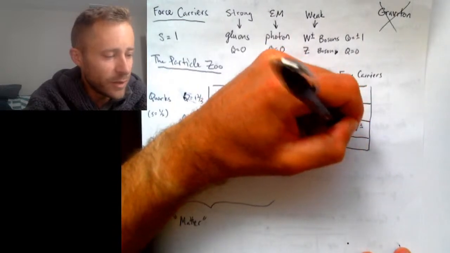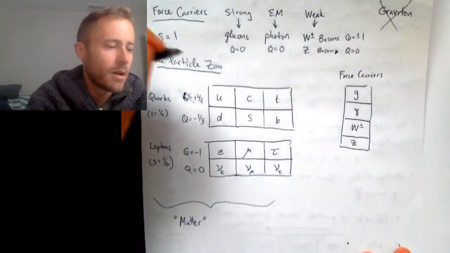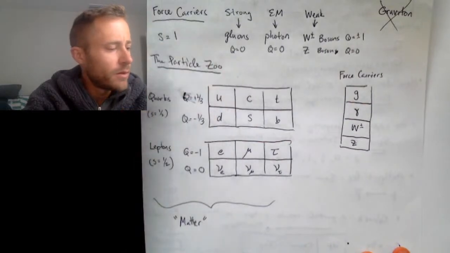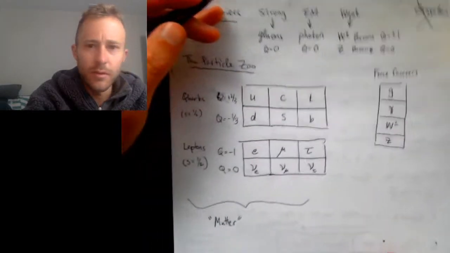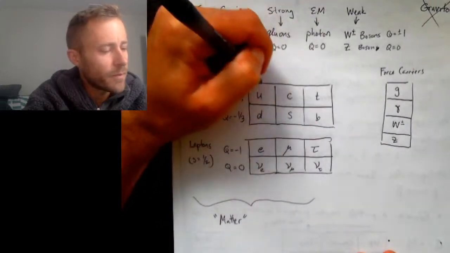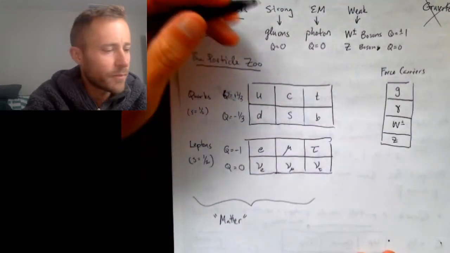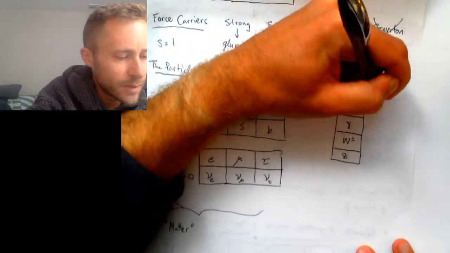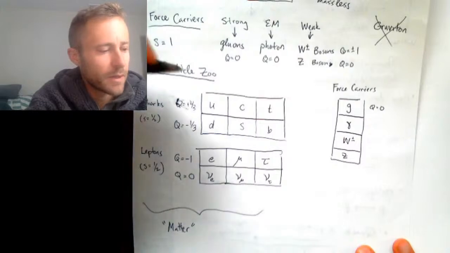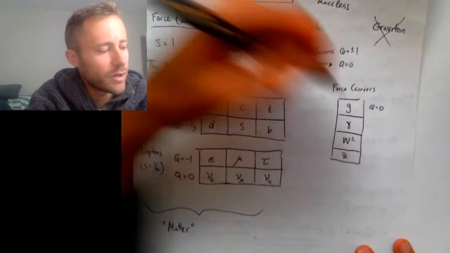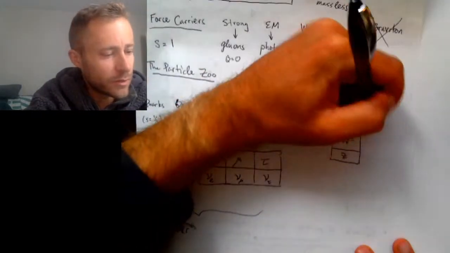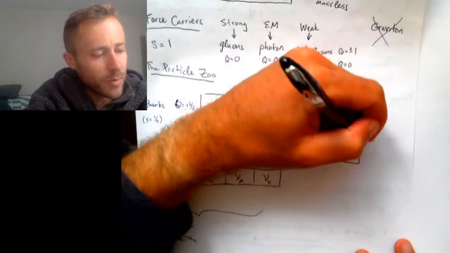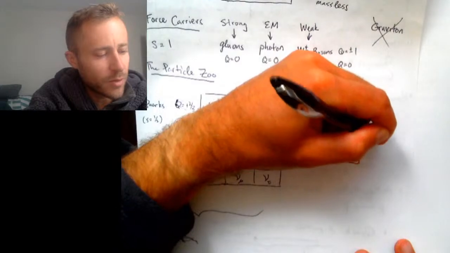And then there is the Z. So the charge of a gluon is 0. The charge of a photon is 0. The charge of a W plus or minus is plus or minus 1.